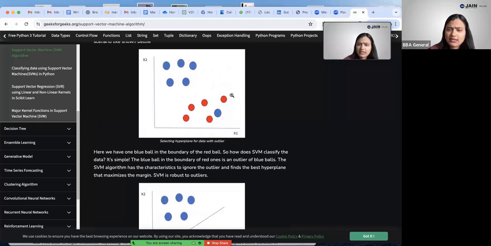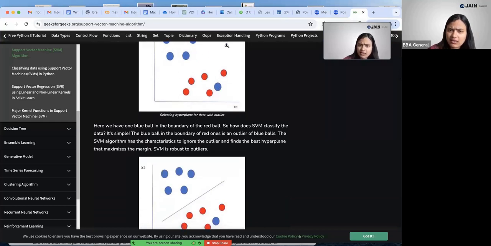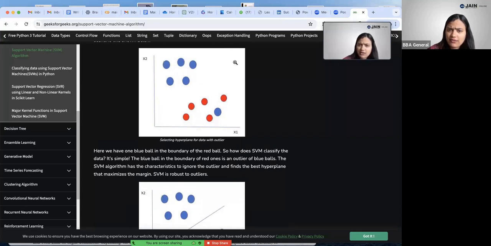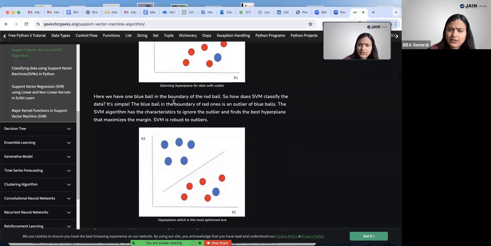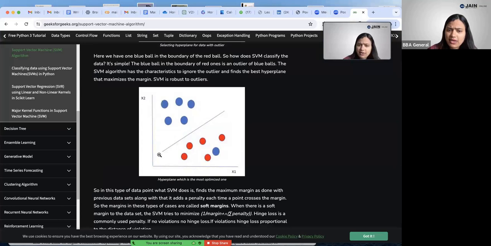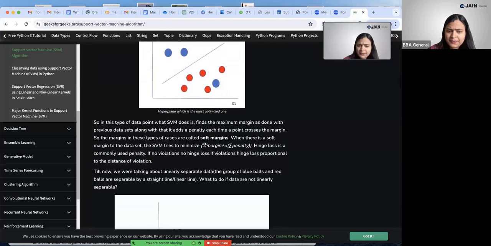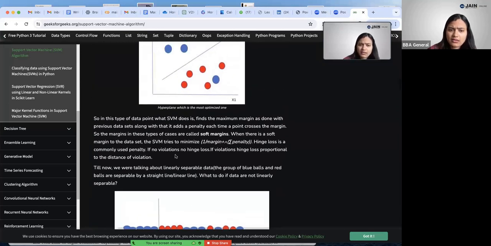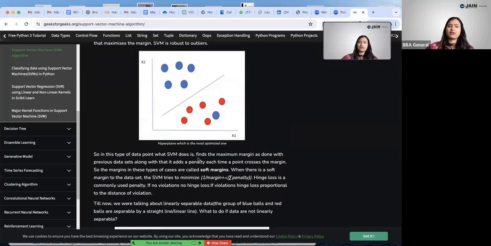In this case, this blue dot is called the outlier, which is rare, and SVM actually ignores this outlier and makes a simple classification using the hard margin, the maximum margin hyperplane. So here you see the SVM simply draws a line between these two data and separates the data. So this is how the SVM works.